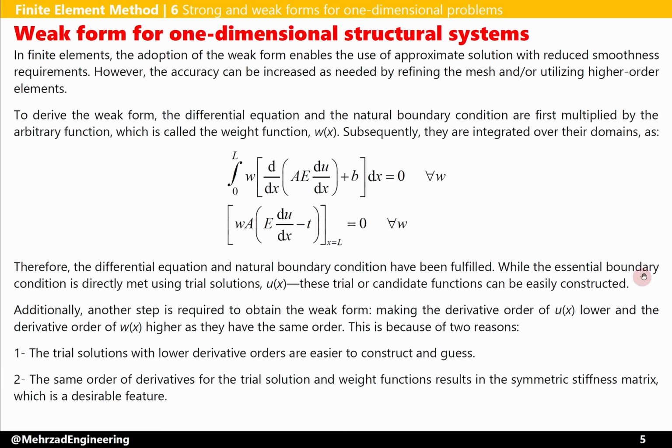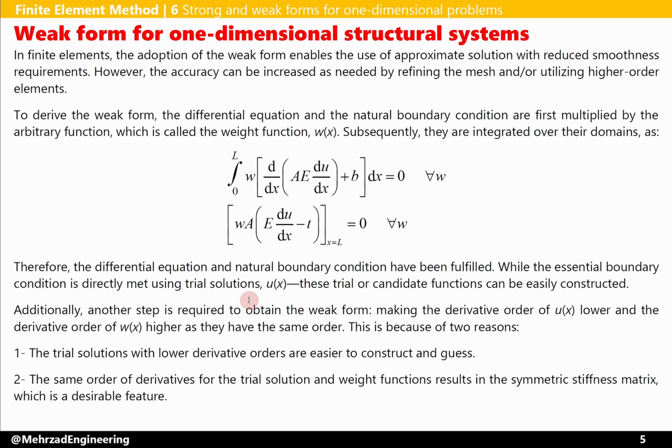But how about the essential boundary condition? In the finite element method, based on the displacement method or stiffness method, the essential boundary condition is directly met using the admissible trial solution. In fact, it is easy to construct a trial solution that could fulfill the essential boundary condition.